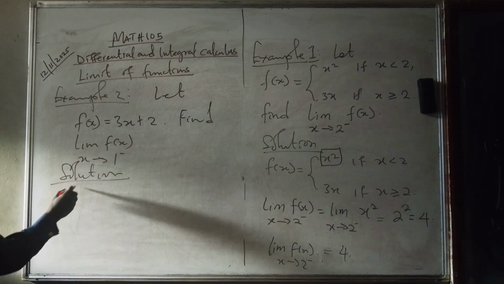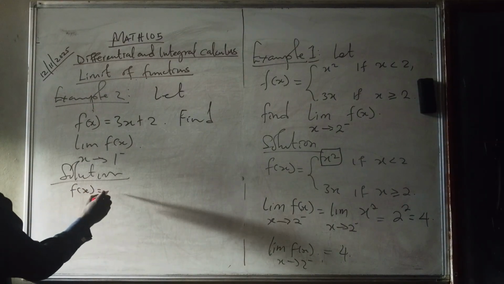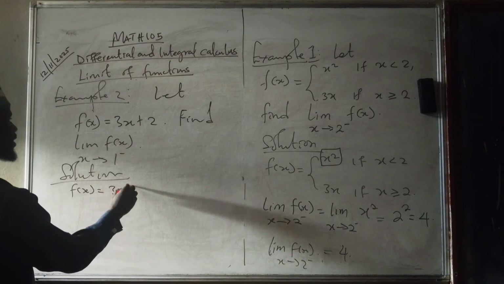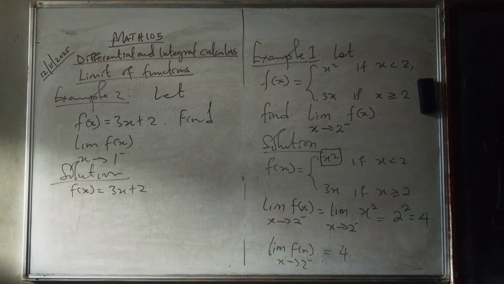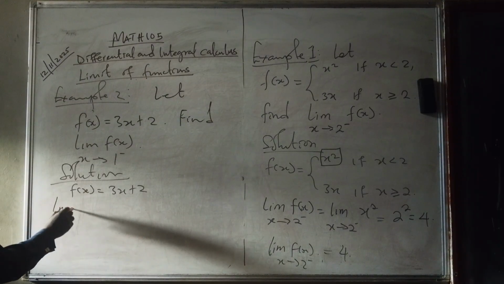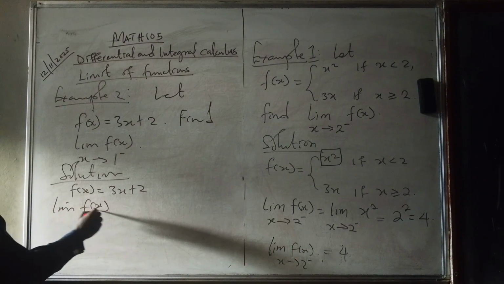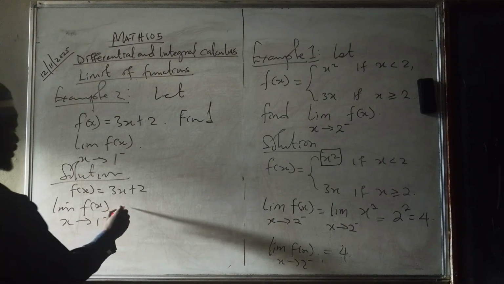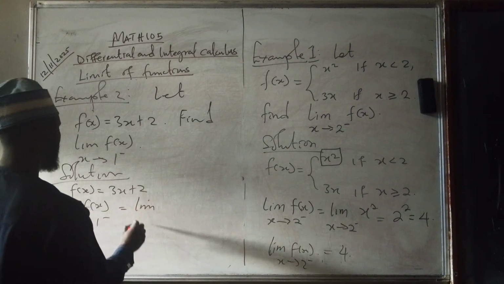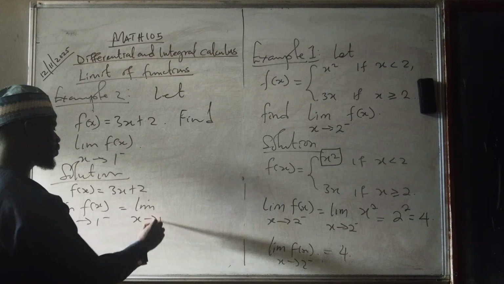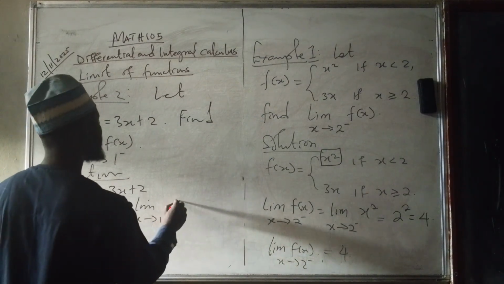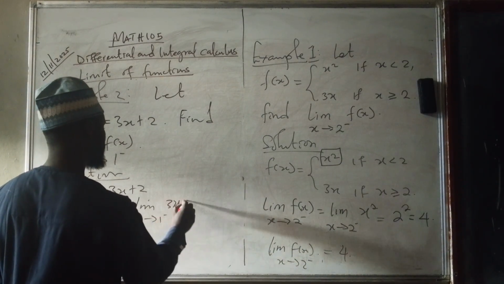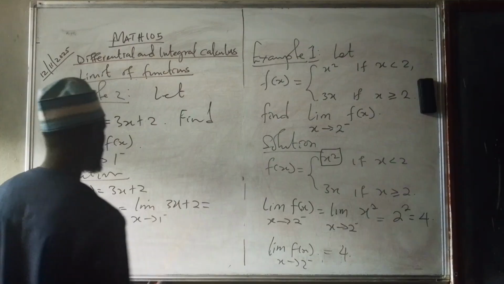So we have f of x given as 3x plus 2. Now, the limit of f of x as x tends to 1 from the left is equal to the limit as x tends to 1 from the left of 3x plus 2, and that is equal to what?